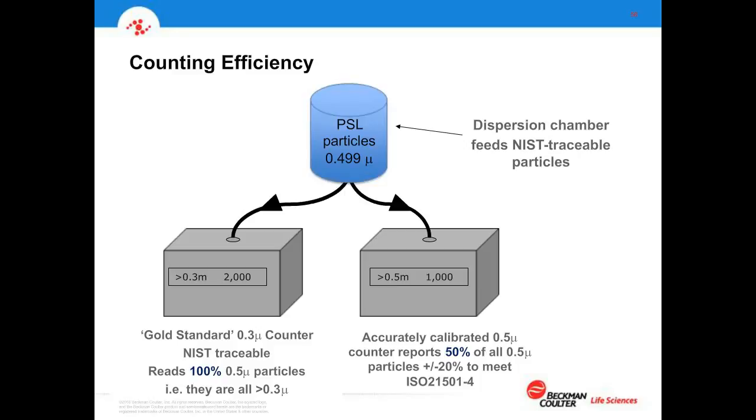Why is that, and is that correct? Well, yes, it's correct because the counter is designated under 21501 to report 50% of the challenge at that particular threshold size of 0.5 micron where it's set, plus or minus 20%. That's the test. Why does that occur?